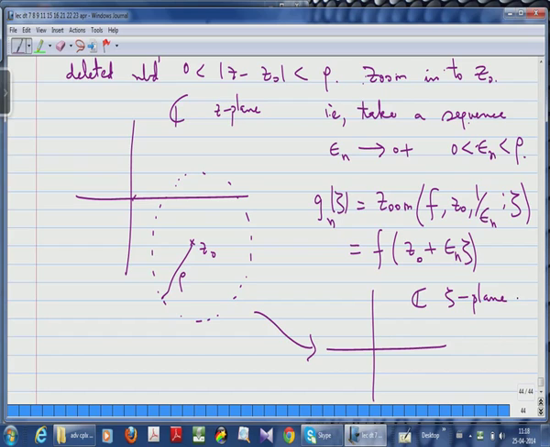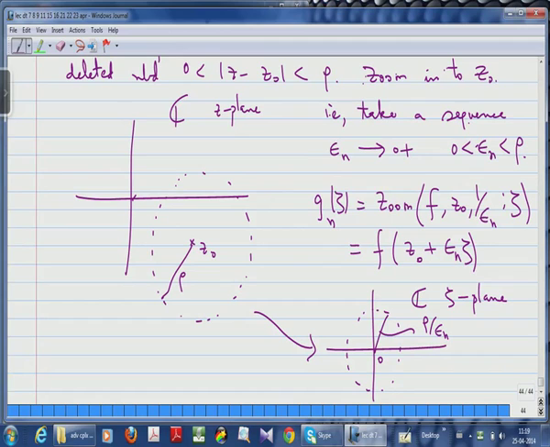In the zeta plane, if I take this disk centered at the origin and radius rho by epsilon n, that is for mod zeta less than rho by epsilon n, mod epsilon n zeta will be less than rho, and therefore this is the disk in which Gn is defined. But it's not defined at the origin, because the origin corresponds to z naught, and f at z naught is not defined because z naught is a singularity of f.